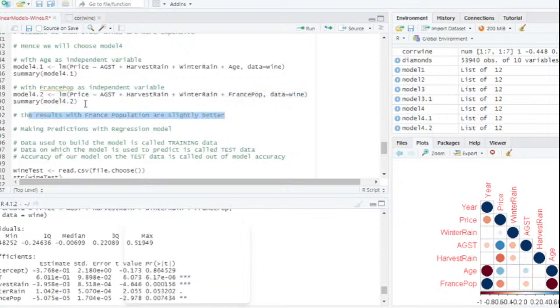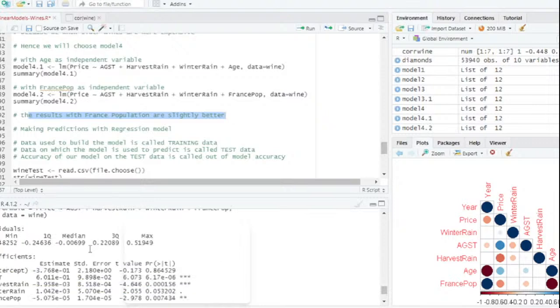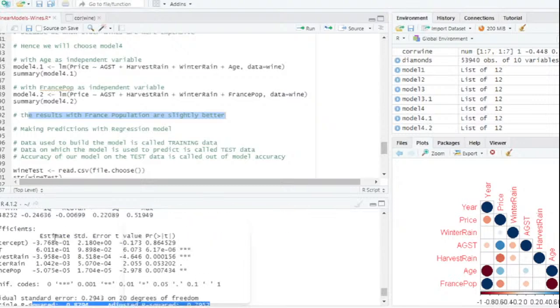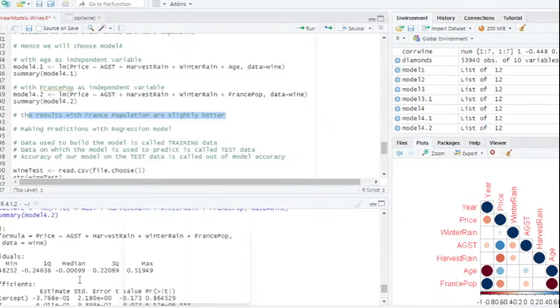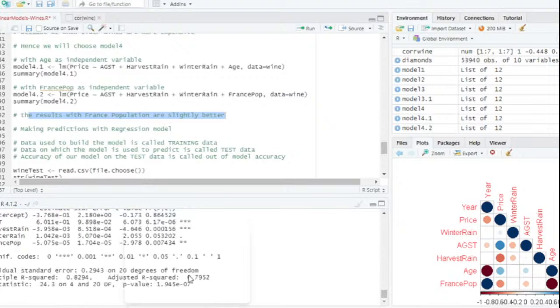Even if I exclude age and include France population, right? And I look at the output, R square and adjusted R square, it is slightly better when I include France population. Very minutely better. 82.94, there it is 82.86. Right? 79.43, and here it is 79.52.